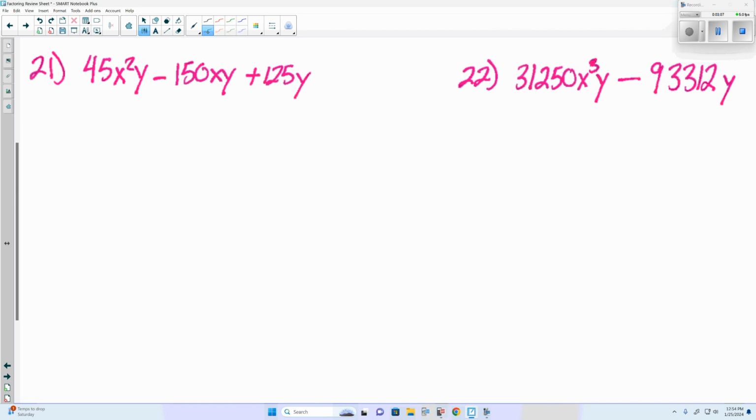So the next one we're going to look at is this one here. So we have 31,250 x cubed y minus 93,312 y. Well, y goes into it for sure.